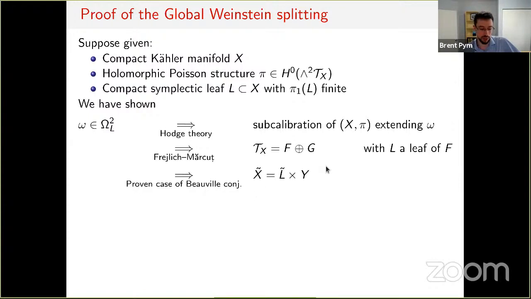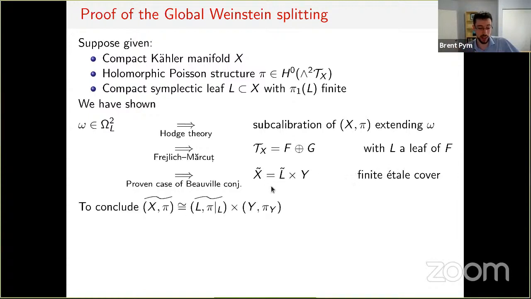Now, there's just one thing missing, which is, I emphasized earlier on that telling you that the manifold itself is a product is not quite what we wanted. I wanted it to be a product of Poisson manifolds, so I need to show that the bivector on X tilde is really coming from the bivector on L tilde plus the bivector on Y.